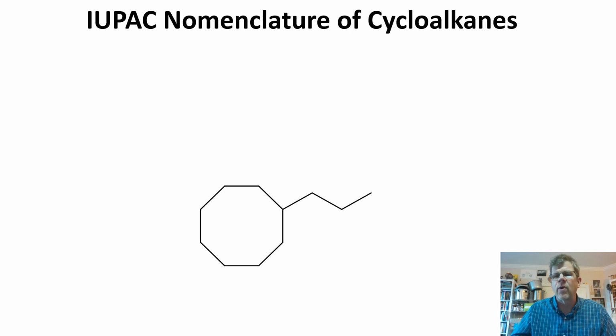You will get it wrong. For instance, if I looked over on the right-hand side of this and started numbering, it's like, okay, I'll start numbering here. 1, 2, 3, 4, 5, 6. Oh, you're already doomed. Because you notice you went from the outside of a ring to counting the ring carbons themselves. They have to be kept separate.